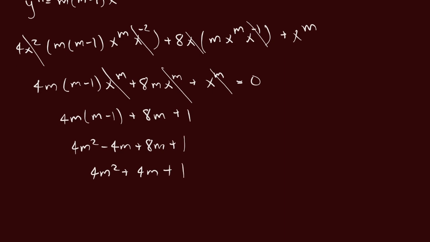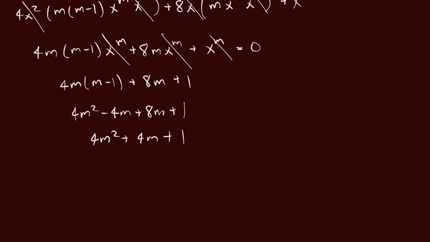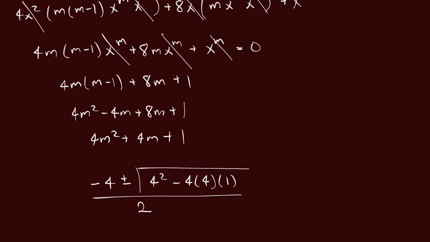Now, what we have to do next is factorize this, or just use the quadratic formula. So it'll be minus 4 plus or minus the square root of 4 squared minus 4ac, all over 2a, which is just 8.